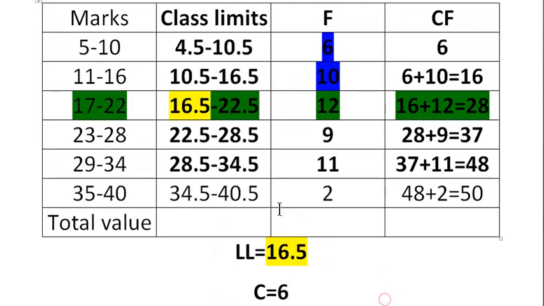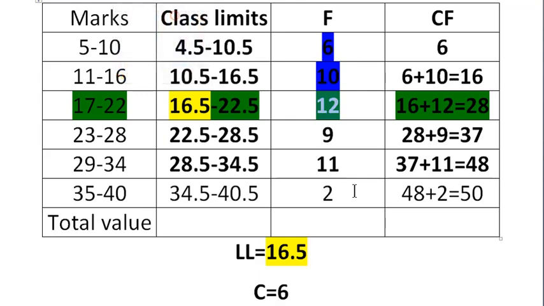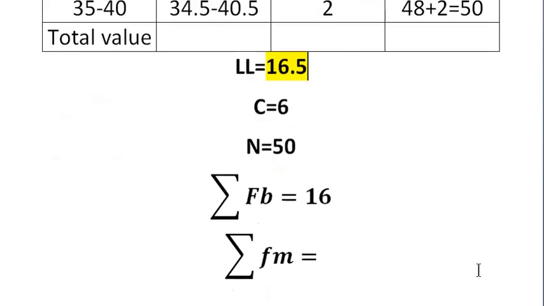The median class is the line painted with green. The frequency under this green is 12. So we're having 12 as our frequency of the median class.